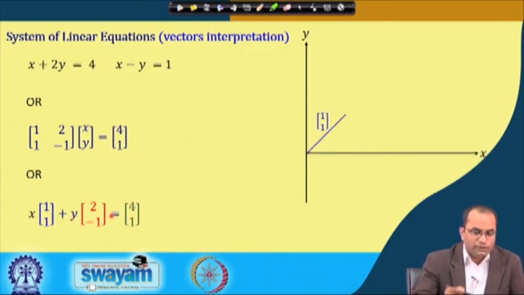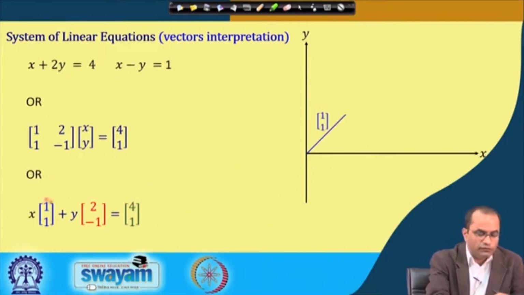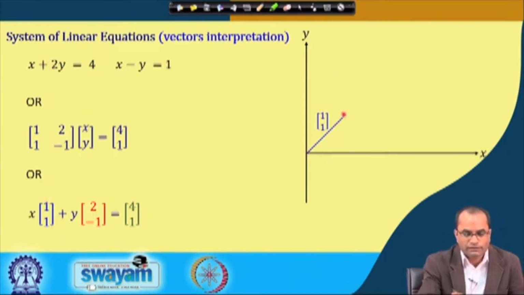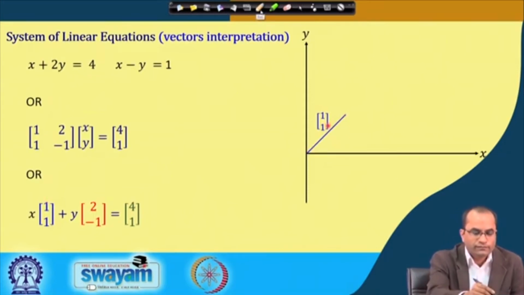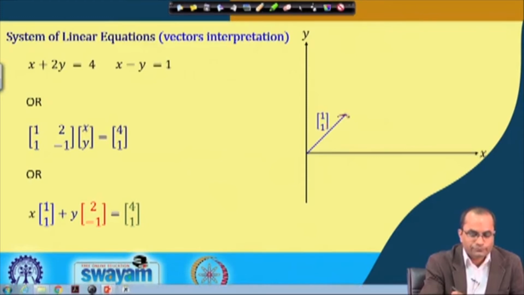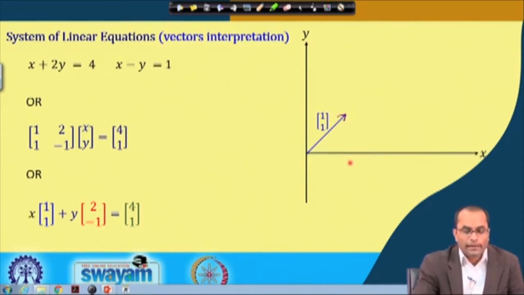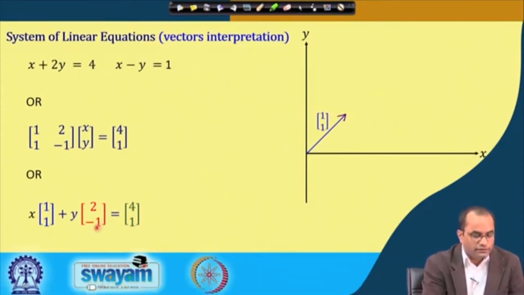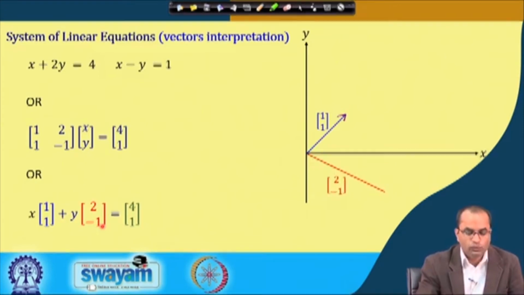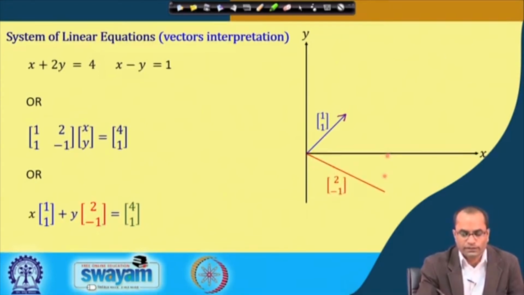So, here we will plot this vector here 1 and 1. So, in the direction of x we have 1 here, and in the direction of y we have again 1. So, this is one vector which is given by this 1 1, and now we have another vector here, this 2 minus 1. So, on the x axis 2 and then minus 1.